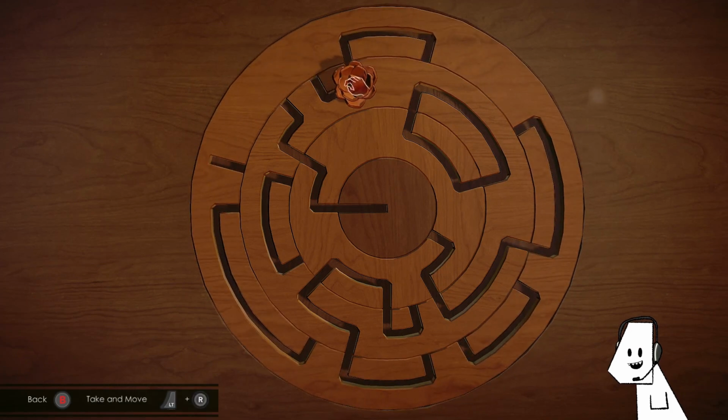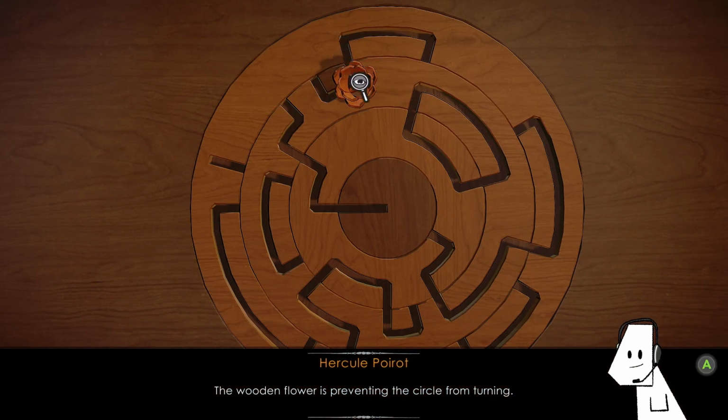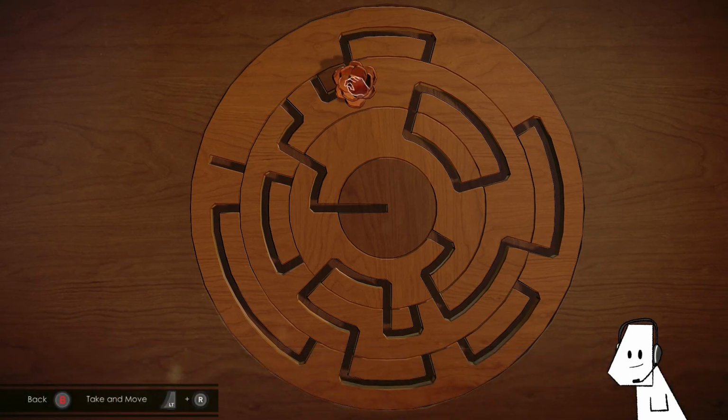The wooden flower is preventing. Why is that not working? Like, literally, I need to go up, but it just won't move the way I want it to. Oh, this is frustrating. Look, it's like trying to fight me.